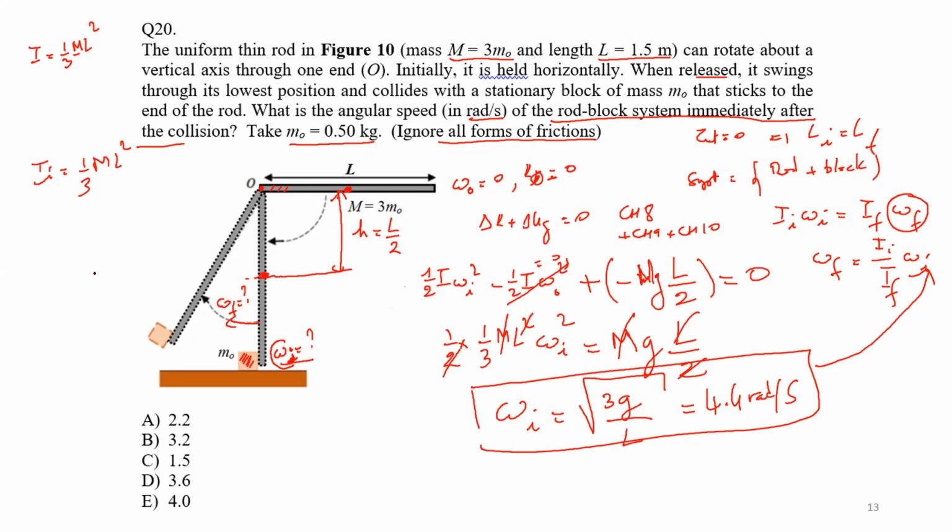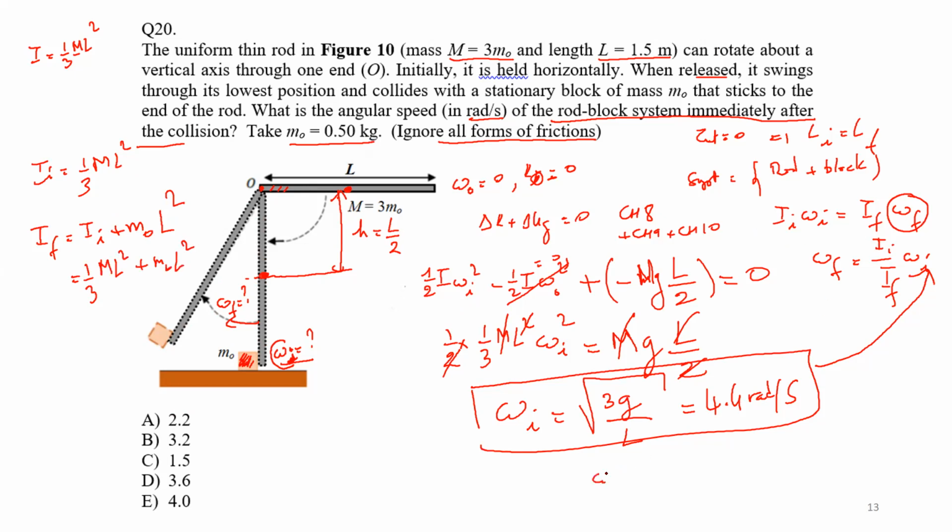Now what is I final? I final will be I initial, basically the moment of inertia of the rod, but now I will have a mass m at a distance L from my pivot point. So I final is 1/3 of ML square plus m L square.